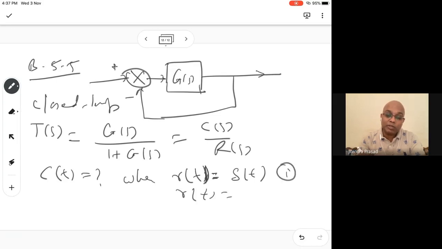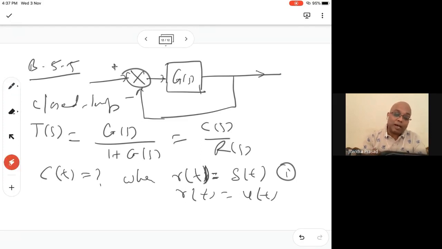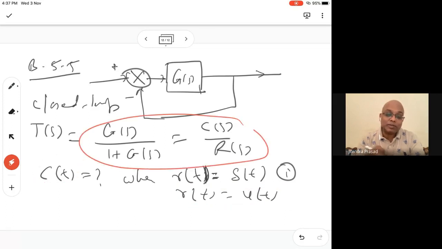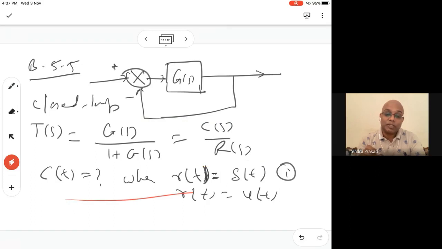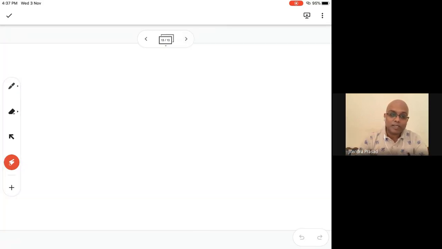Number 2, r(t) is equal to u(t). So given r(t) equal to delta(t), which is the impulse function, and r(t) equal to u(t), you have to find C(t) given this relation. So you can do it, right? Okay, any question, guys?